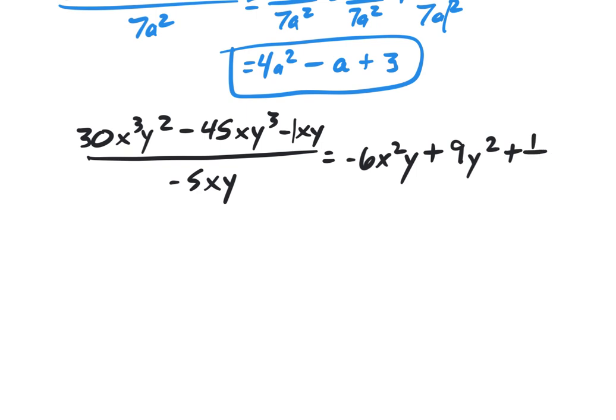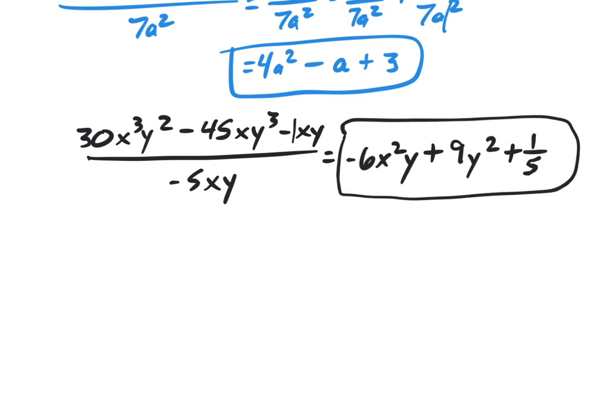So I could rewrite this as 1 over 5 because there's nothing to divide. So we're just going to leave it as 1/5. And then the x's are going to cancel, the y's are going to cancel, and I don't have any variables left. And that's going to be our answer. That's as much as we can do.